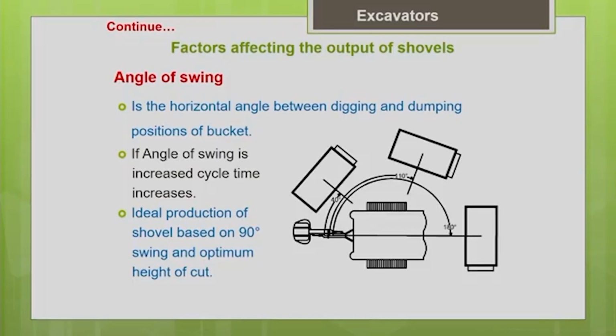Another important factor which is going to affect your productivity is the angle of swing. The angle of swing is nothing but the horizontal angle between the loading and the dumping position. That is the horizontal angle between your bucket and the truck.